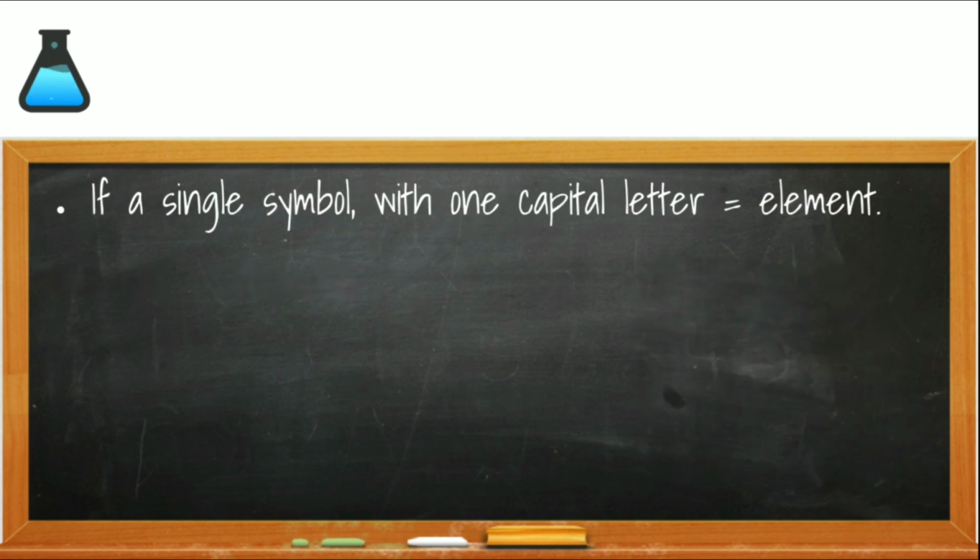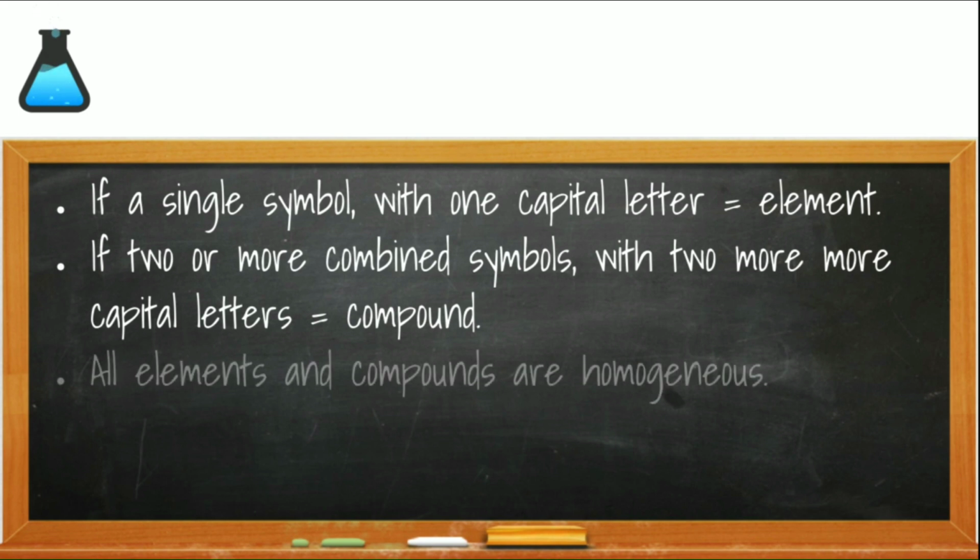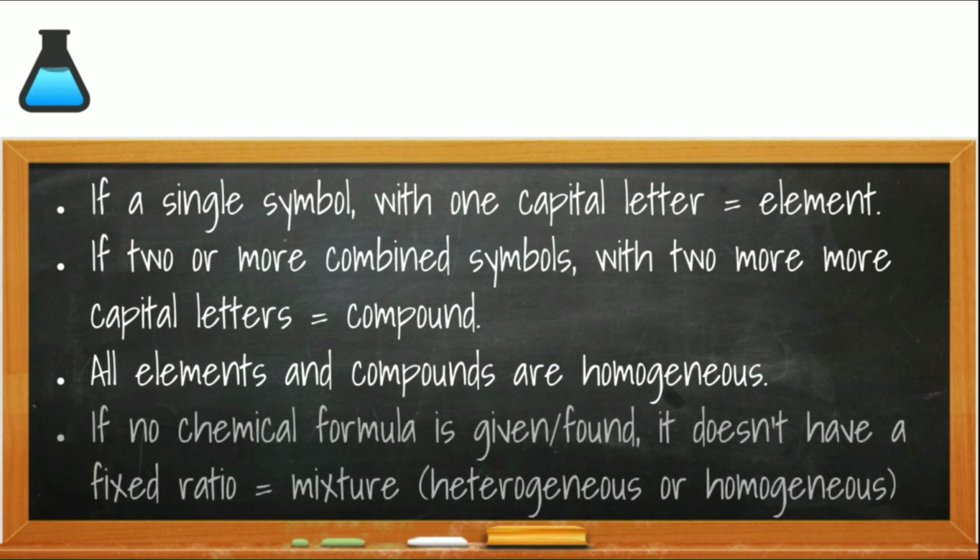Summary: if you have a single capital letter in a formula, it's an element. If you have two or more combined symbols or capital letters, you have a compound. We know that all elements and compounds are homogeneous, meaning they're uniform throughout because they only have one particle type. They're pure substances.